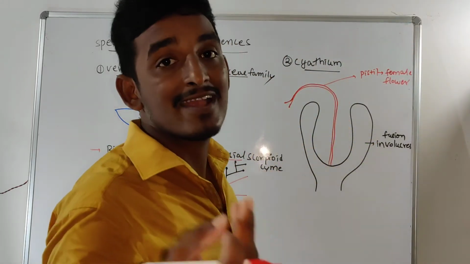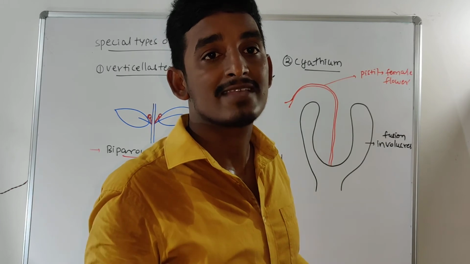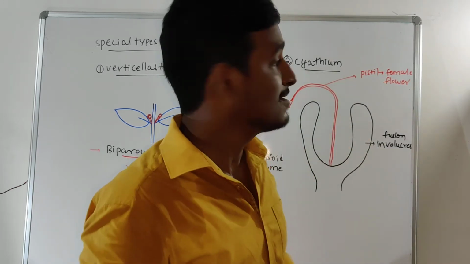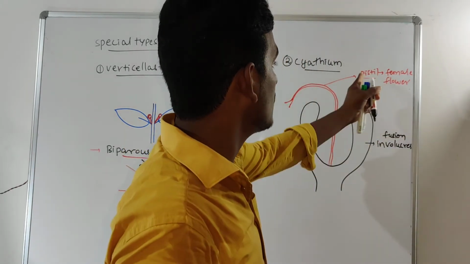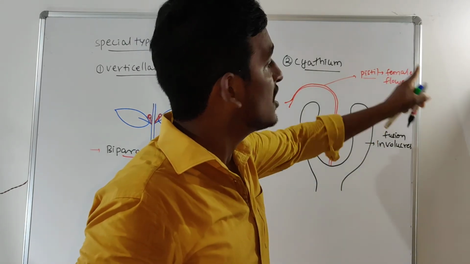Generally a complete flower has all the whorls: sepals, petals, stamens as well as a pistil. But this flower has only a pistil. This type of flower we call an achlamydeous unisexual female flower.